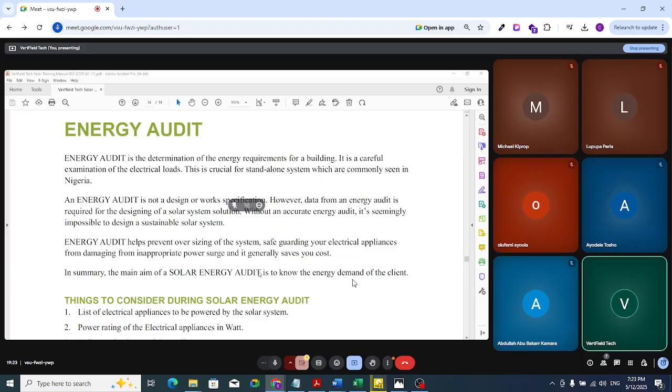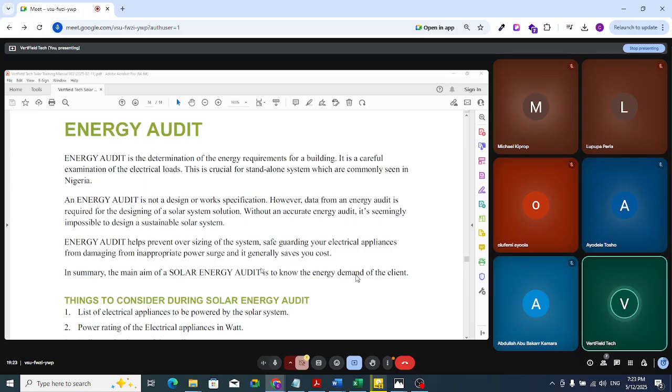It simply means that as engineers, installers, technicians, you are not expected to assume that a particular size of inverter system or solar system will be suitable to power up a facility or generate the required amount of energy. In no account should you do that. So you must walk through the process of energy audit so that you don't oversize your system.